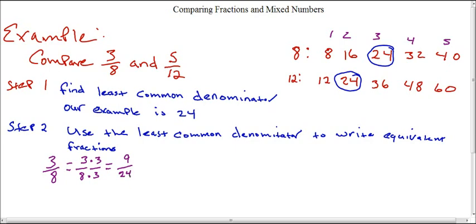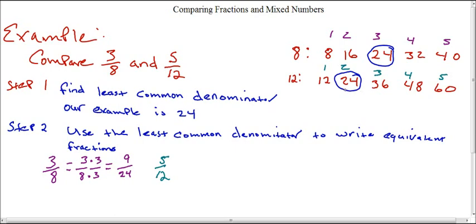Okay, so now let's take a look at 5 and 12. We see here, this is 1, this is 2, this is 3, this is 4, and this is 5 for 12.